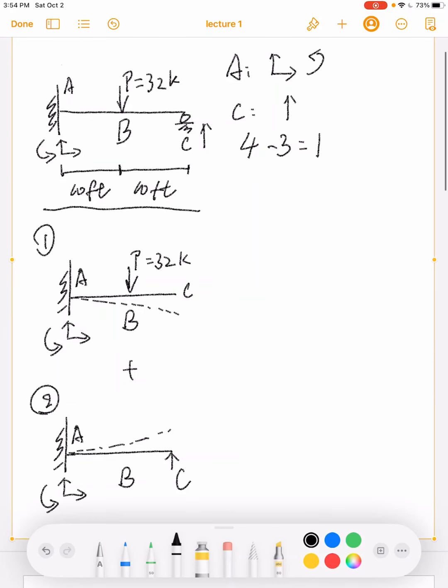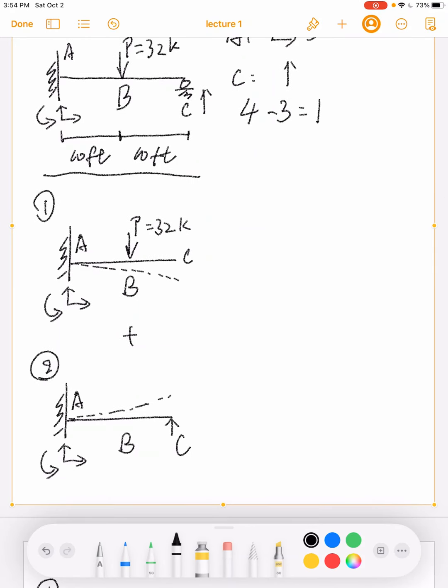In situation 1, we only have the external force, P, applied at point B. In situation 2, we have the reaction force applied at point C, right? So there are 2 loading conditions applied on the same structure, which is a cantilever beam fixed at point A.